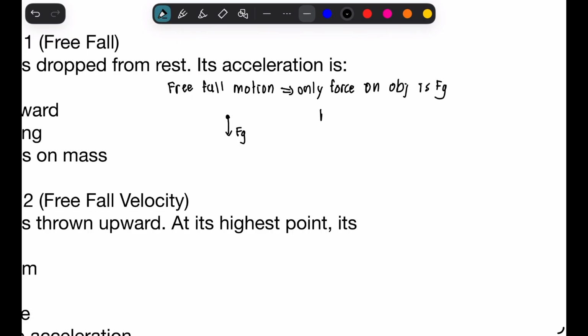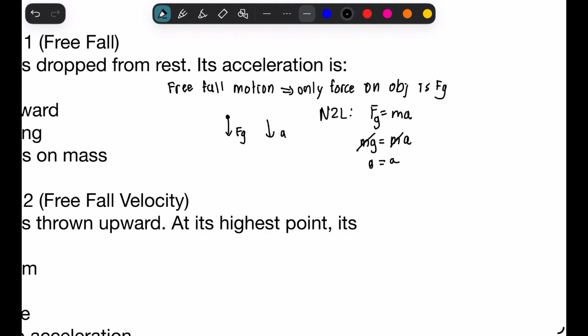We know from Newton's second law that the summation of our forces is equal to mass times acceleration. In this case, we have the force of gravity, which is equal to the mass times g, your gravitational constant, and that is equal to ma. You can see your m's will cancel out, and your gravitational constant g is equal to the acceleration the object is going to be receiving.